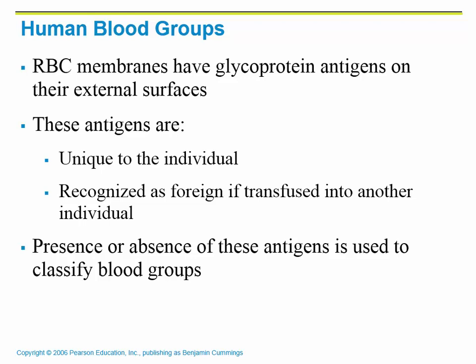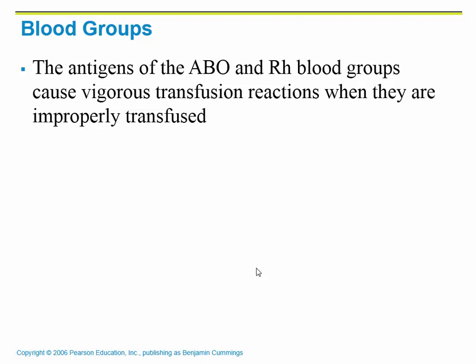It is unique to the individual, and it recognizes any transfused blood into the individual, and it will either reject it or not. The presence or absence of these antigens is used to classify blood groups. We go through this in biology, so this should sound familiar.